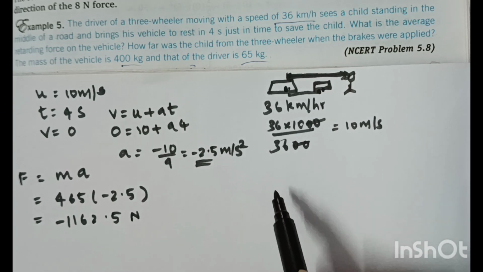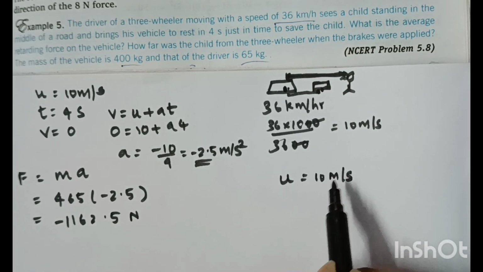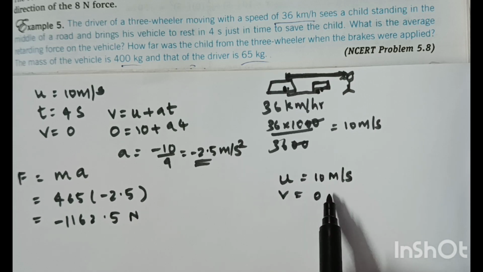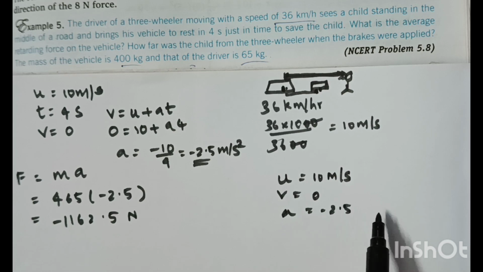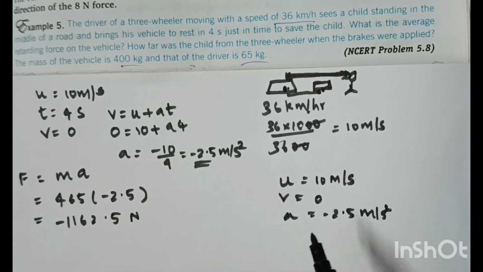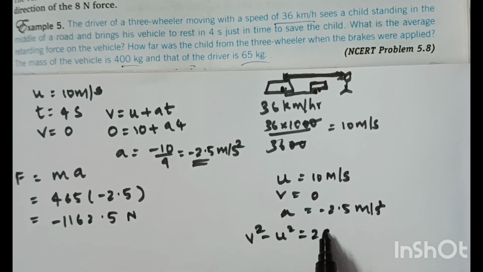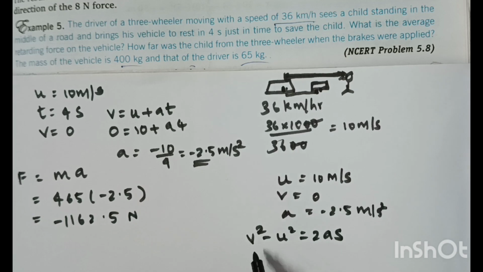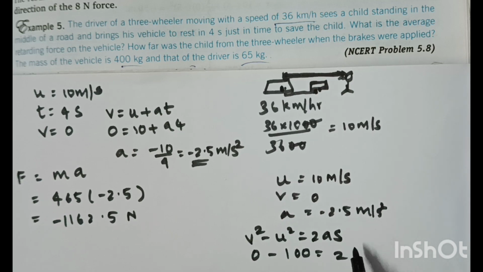So what we can use, we have U equals 10 meter per second, that we have. V equals 0 meter per second, that also we have. Acceleration is also minus 2.5 meter per second square, that is also the known quantity. Now they are asking the distance. We can use V square minus U square equals 2AS in this case. So V square is 0 square minus U square is 10 square, that is 100, that is equal to 2 into what is acceleration?